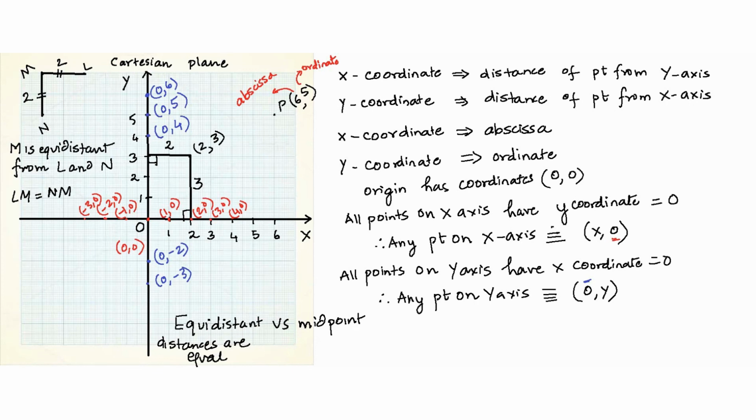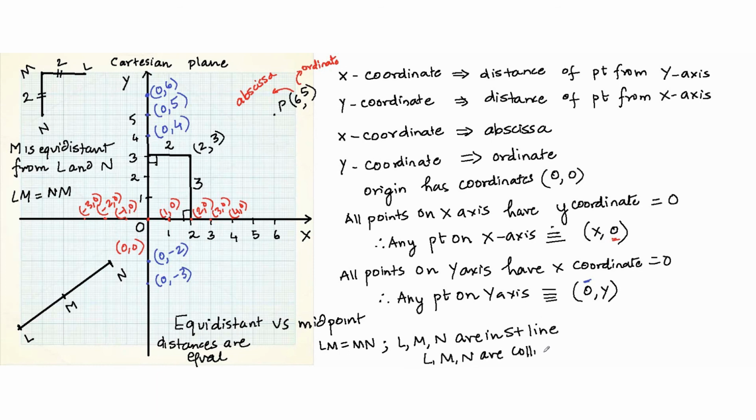Whereas when I talk about a midpoint, so let me draw a line. In this case, consider this point to be L and this point to be N. When I say that M is the midpoint, it means that LM is equal to MN. Now that was happening even in case of equidistant points. But when I say that it is a midpoint, it also implies that L, M and N are in one straight line, or I can say that L, M and N are collinear points.